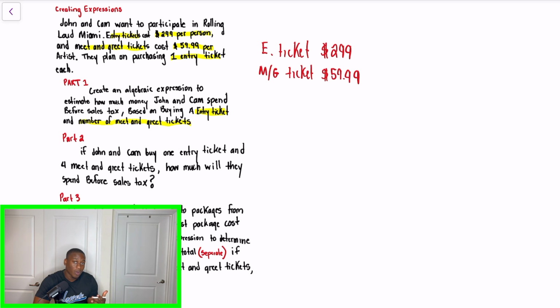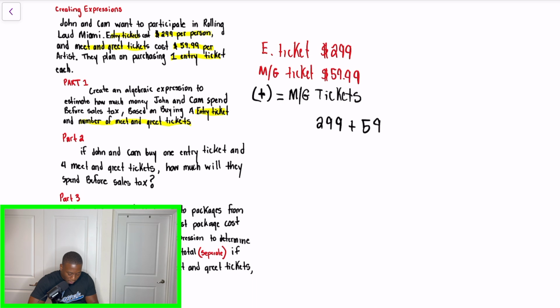When we don't know how many, we're going to use a variable for that unknown number of tickets. So let's put T, and this is going to stand for the meet and greet tickets. My expression will be $299 plus $59.99T.